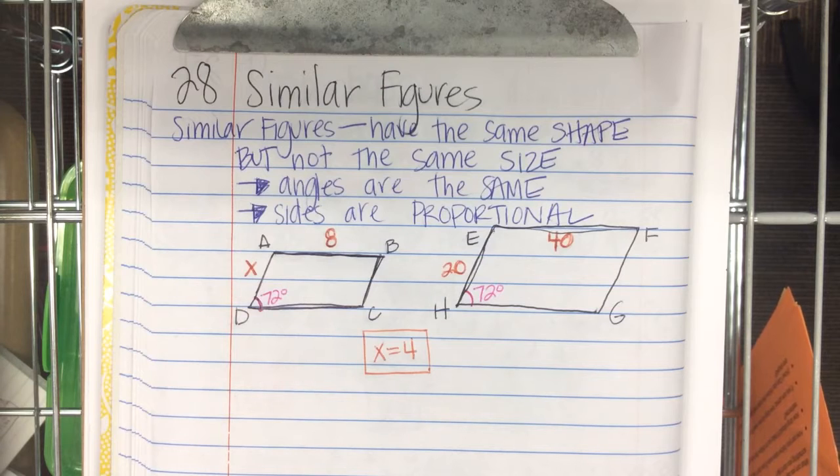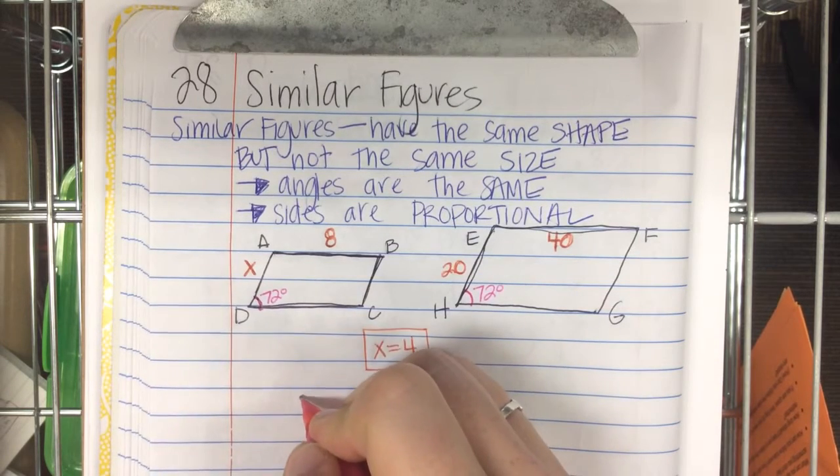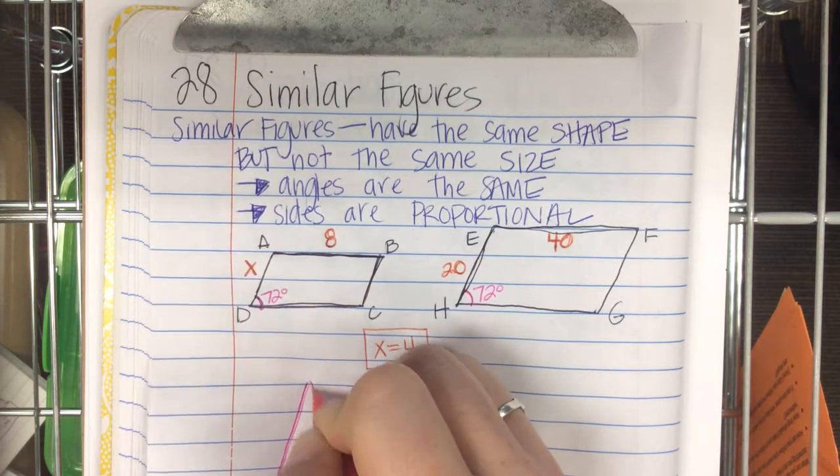All right, so what if it's a little bit harder? It's 5 times bigger. I mean, it doesn't look like it, right? So let's try a little bit more abstract.